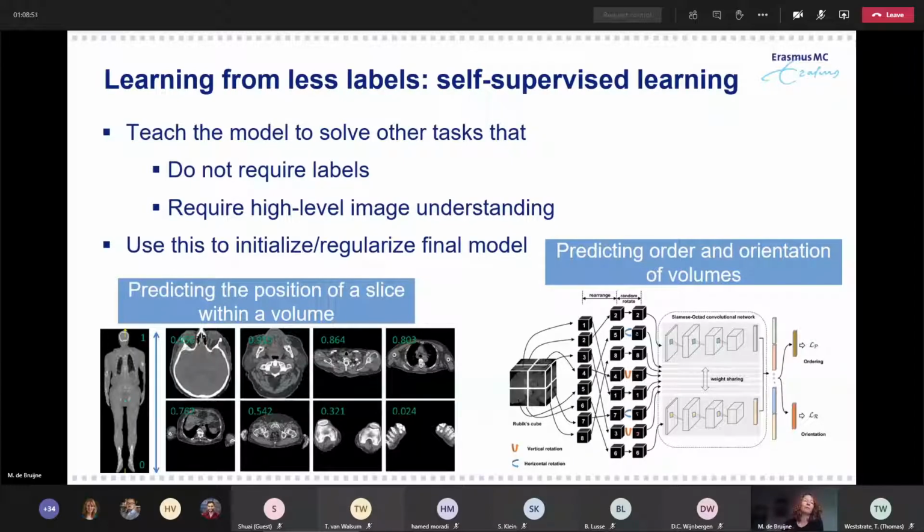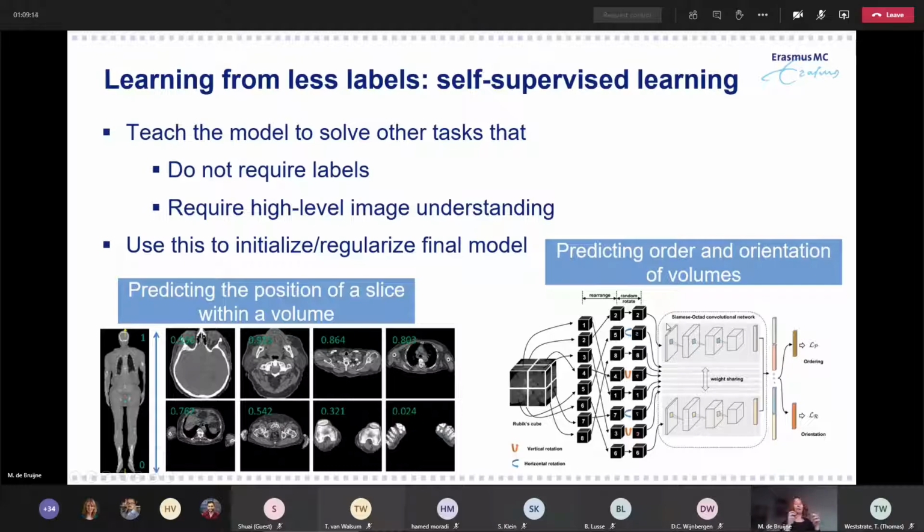But it does require a certain understanding of the image to be able to solve those tasks. For instance, it could be predicting from a slice in the image that you see, in which part of the body, which anatomy it is, or which slice in a 3D volume it is.